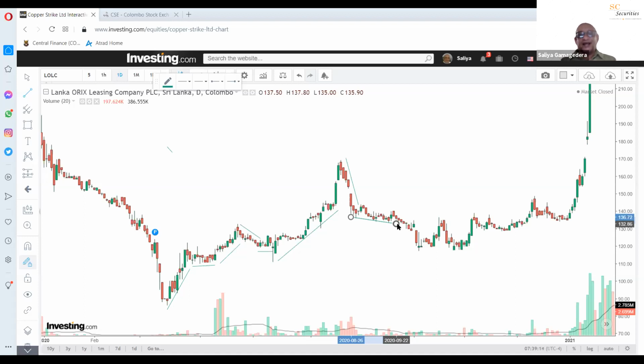Of course, there are situations where it happens, but most of the time the sideway movements have a diagonal formation, as we can see. Thereafter, after this sideway movement, again you see a downtrend.